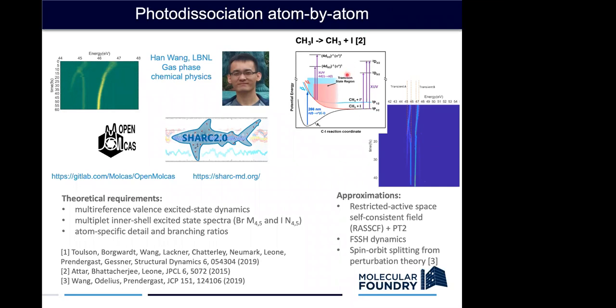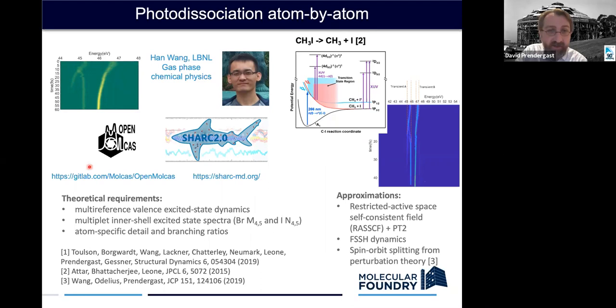So there was a question also in the chat about any free code or recommended commercial code that can be suggested for photodissociation. Yeah. Okay, so I mentioned these two pieces of open software here. And what we have done to calculate X-ray absorption on top of this is something that you can also figure out how to do using OpenMolCAS.